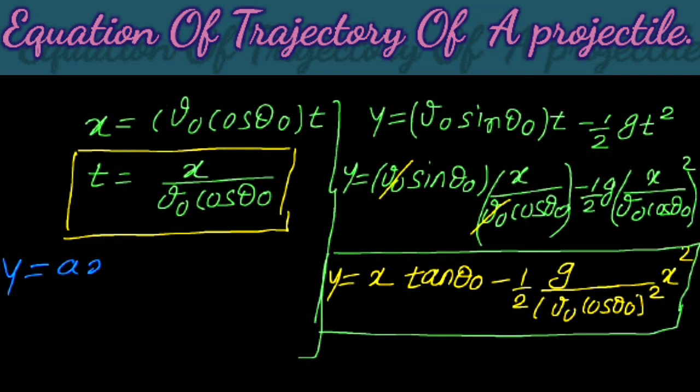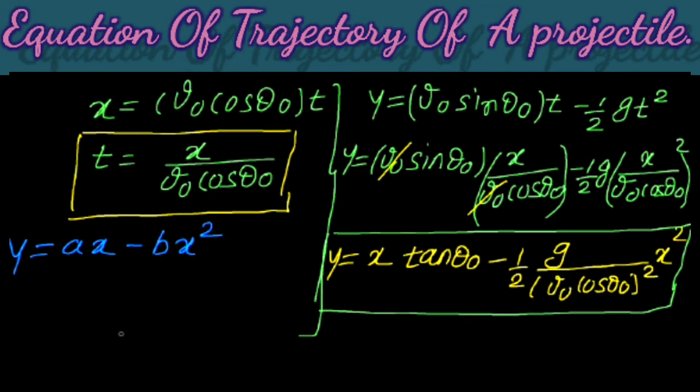In the y equation, v_0, θ_0 and g are all constant. It is of the form y equals ax minus bx squared, where a and b are constants. This is the equation of a parabola.